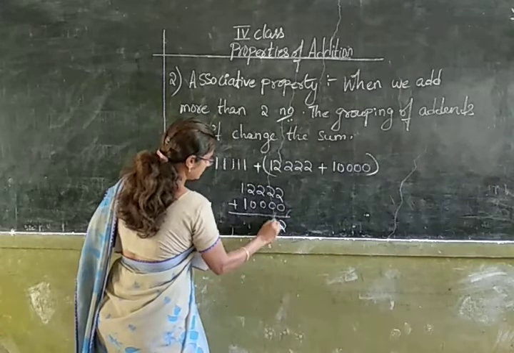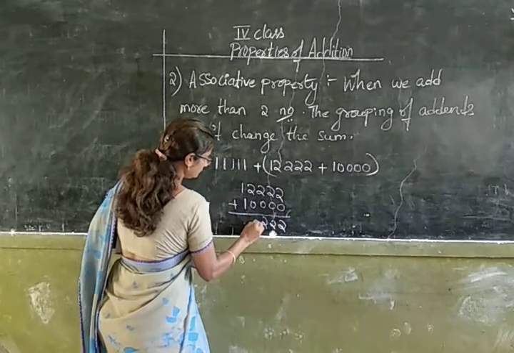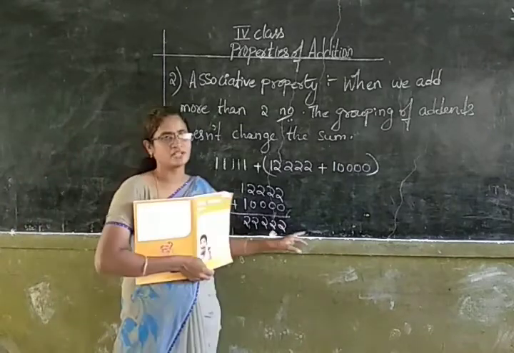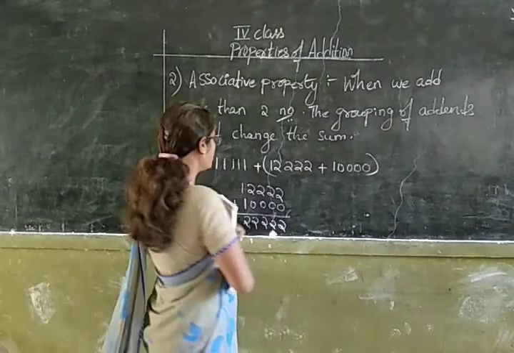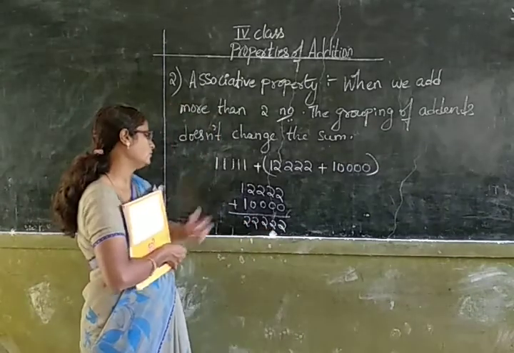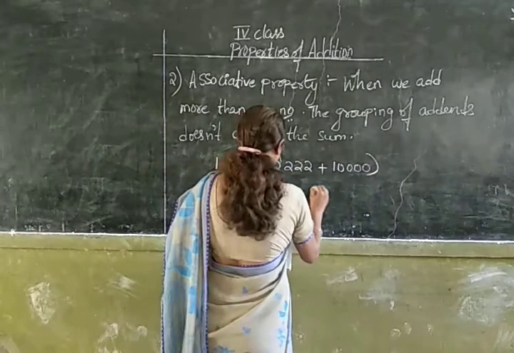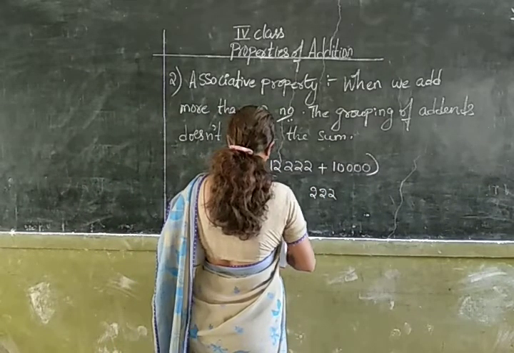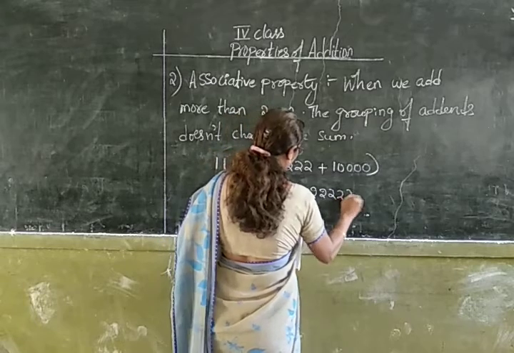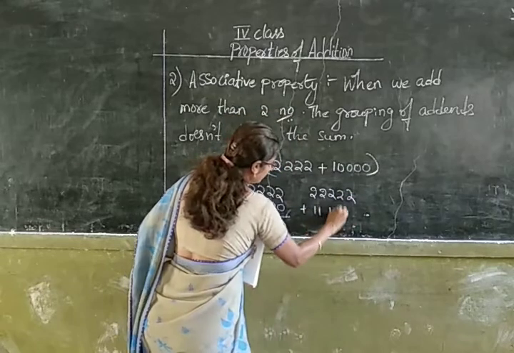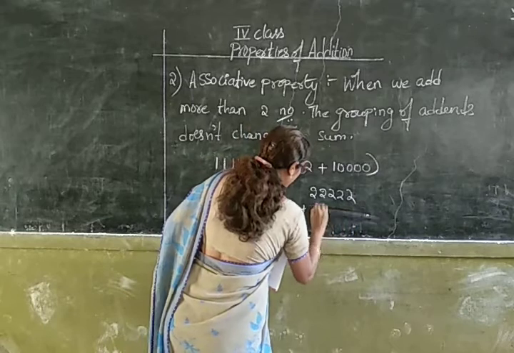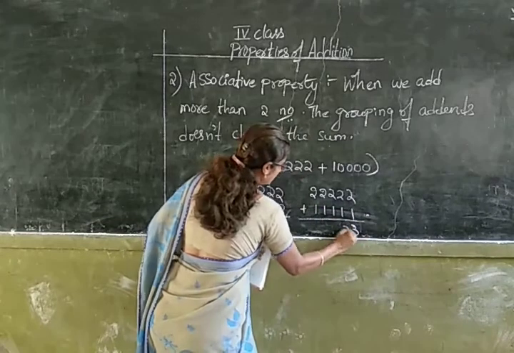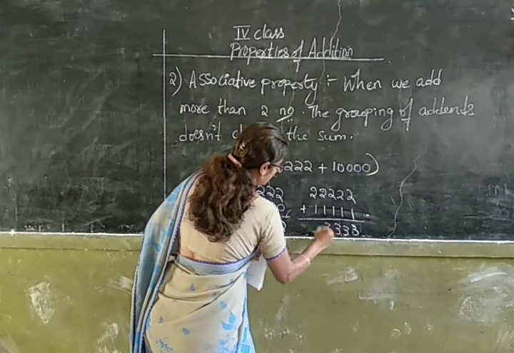So the sum is 22,222. Now I am going to add this sum to 11,111. So the result is 33,333.